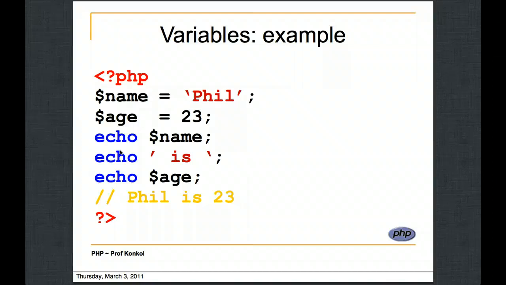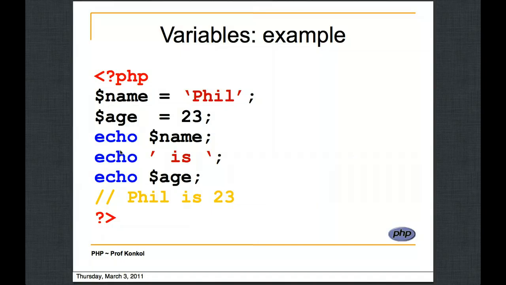Age equals 23. Because of the value to the right of the equal sign, age now becomes a whole number, an integer. When you echo name, it's going to echo Phil.